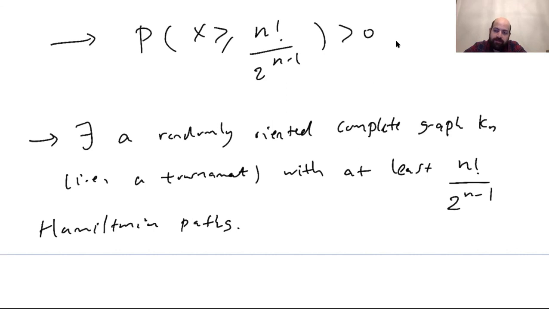And we could easily find the probability of the event because we were assigning an orientation to each edge randomly and independently. So we just multiplied the probabilities and each of them was 1/2. And finally, we used the fact that the probability that X is bigger than or equal to mu is positive. So once we show the probability is positive, similar to previous lectures, the existence of the construction that we're looking for was proved.